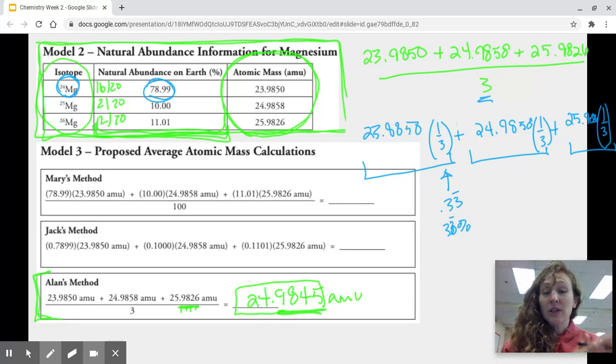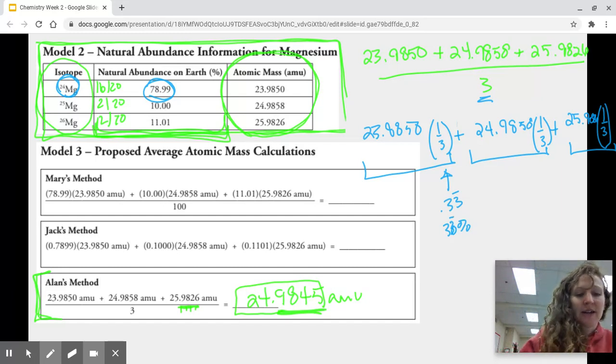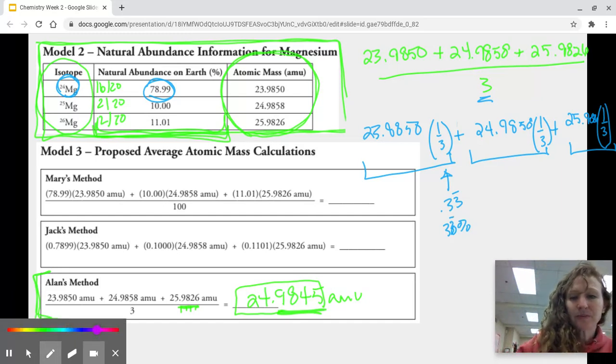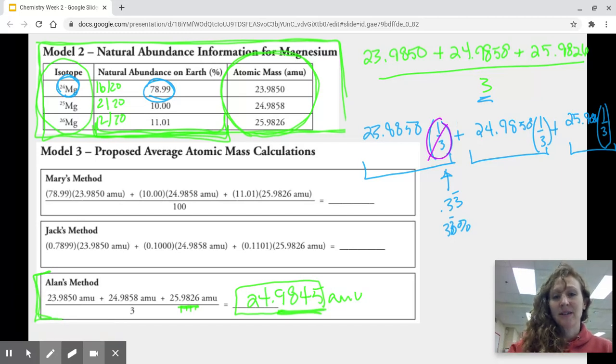So that percent that we're taking of each piece of information is our weight. We are taking an equal amount of all three things. So what if instead of taking 33.3 repeating percent of each of them, I took the abundance of each of them?